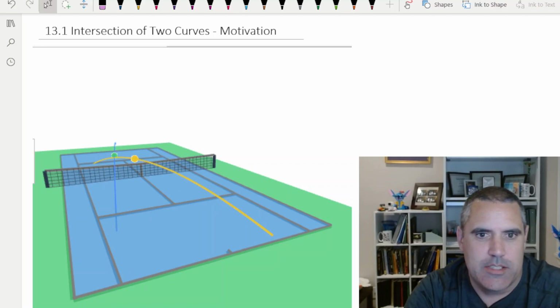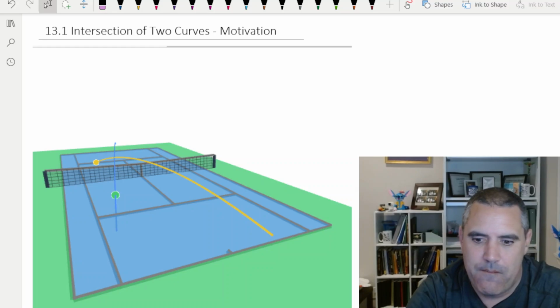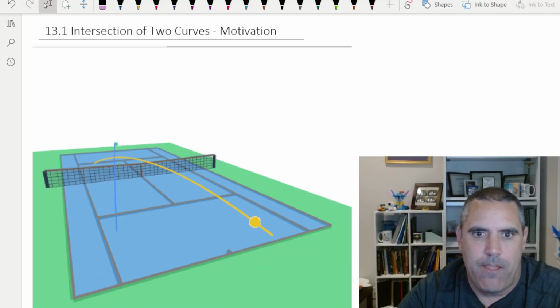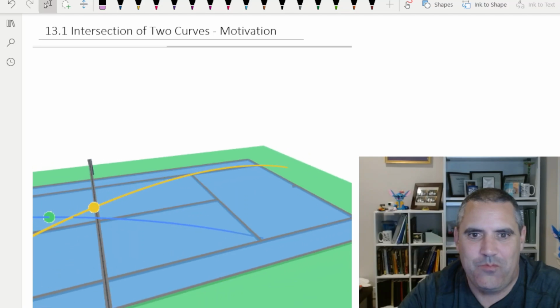So let's play that game. I'm going to change the time for the person hitting the green tennis ball, and I'm going to add it. Give me just a moment. I wasn't quite ready for this. Okay, so then I go, what time does the green one need to be there?